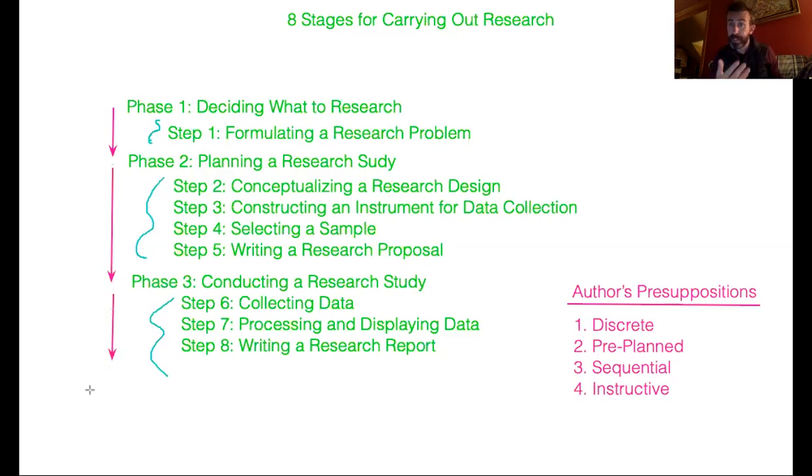Step 3 follows step 2, step 2 follows step 1, and so on. Sequential. So there's no way to jump from step 1 to step 5. Formulating a research problem, now you're writing the proposal, or selecting a sample, and then you're writing your research report, or you're collecting data, then you go back and formulate your research problem. There's none of that in this recipe.